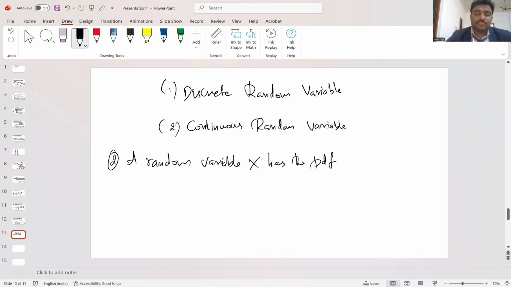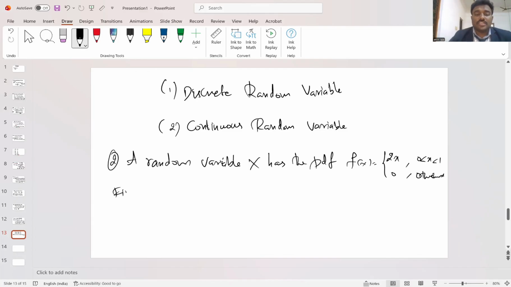It has the PDF, which is f of x is equal to 2x whenever x is from 0 to 1, otherwise it will be 0.